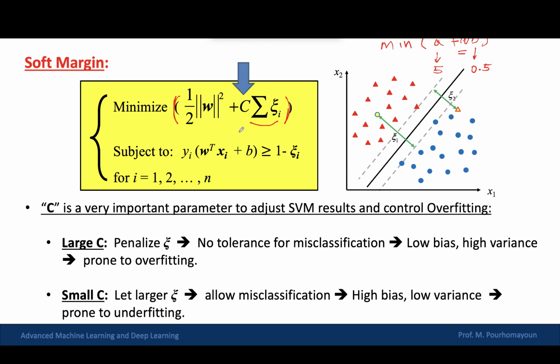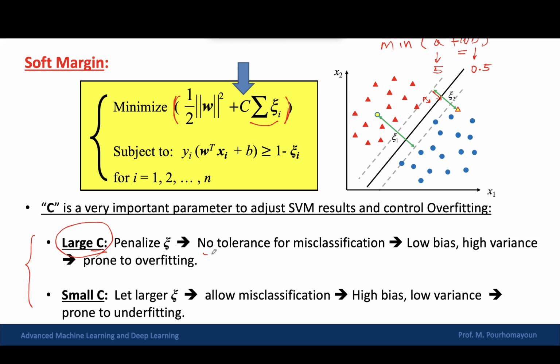This is the same thing here. So when C is large, and this is so important for you to understand, when C is large, in fact, we penalize xi more. It means that we want xi to be very small and smaller and smaller.